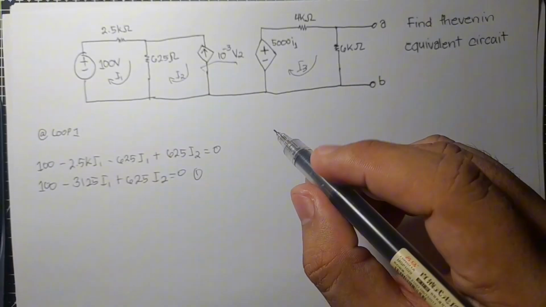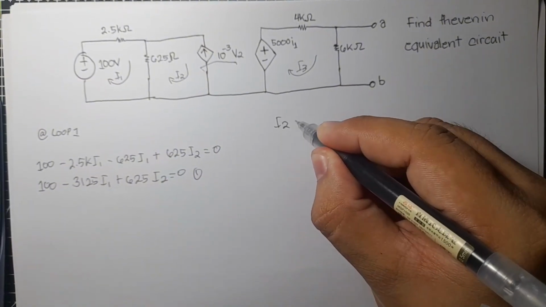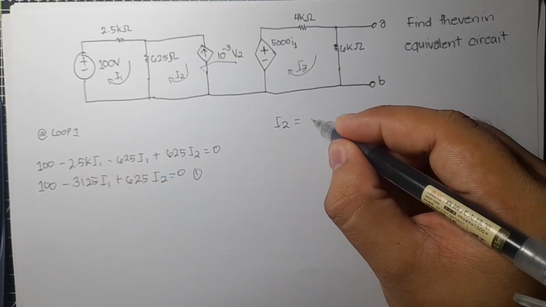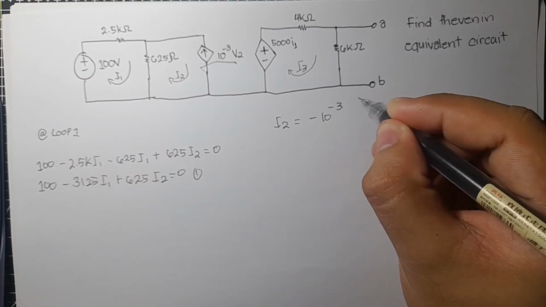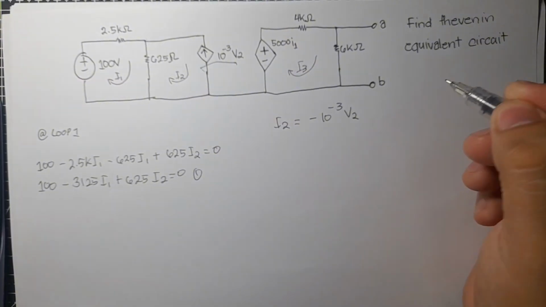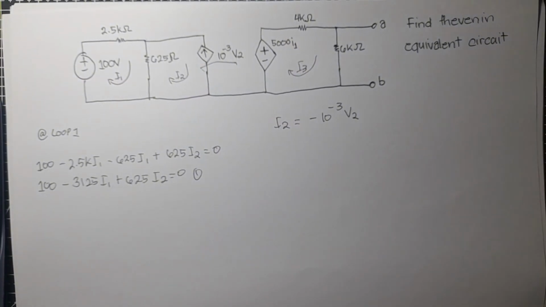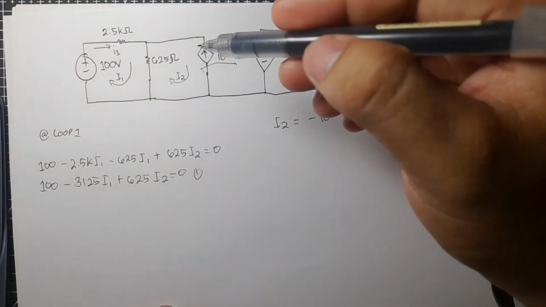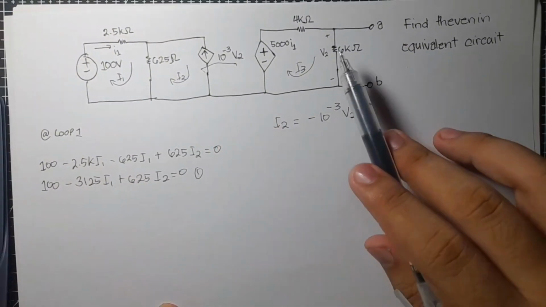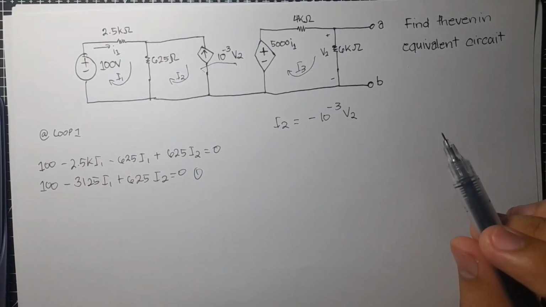So we will have to set it as negative. So I2 equal to negative 10 raised to negative 3 V2. I just added the V2 for the dependent source.